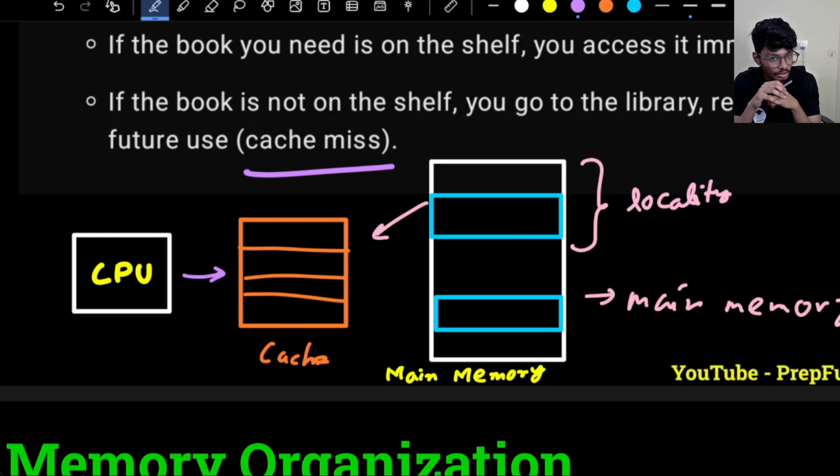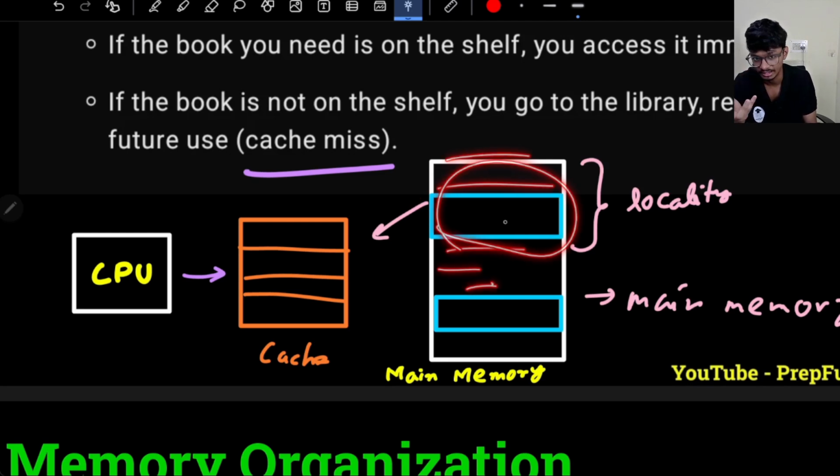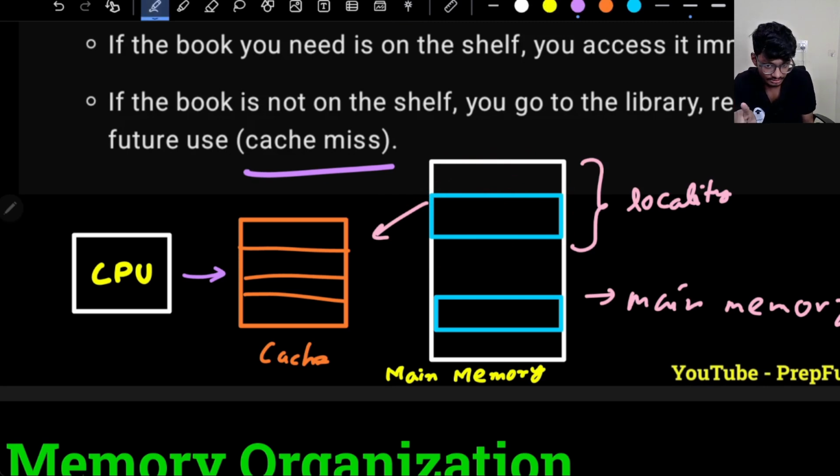Cache will say, no, I don't have it. Then we will transfer the instruction stored in location 1000 and a few more data near that address location 1000 into the cache memory. After that happens, finally the data will go from cache memory to CPU.